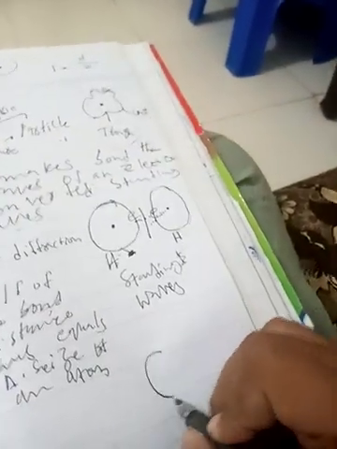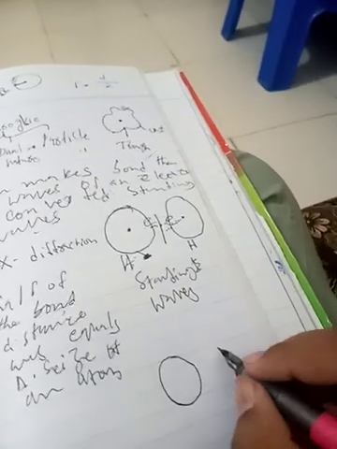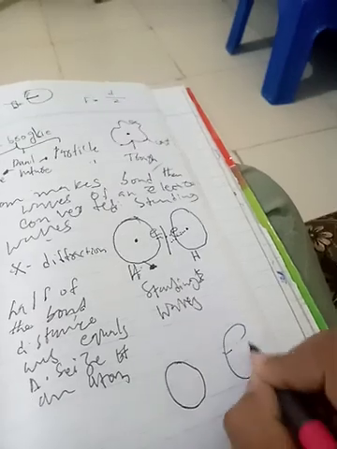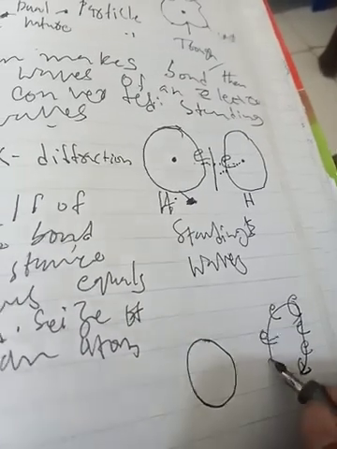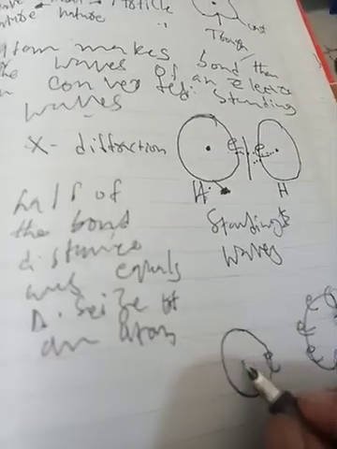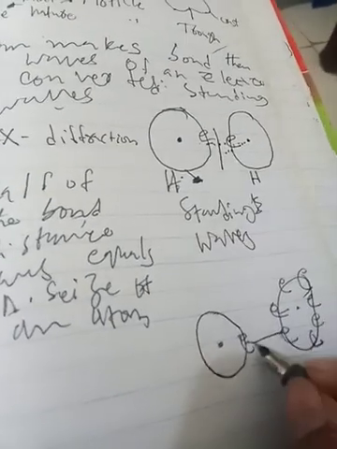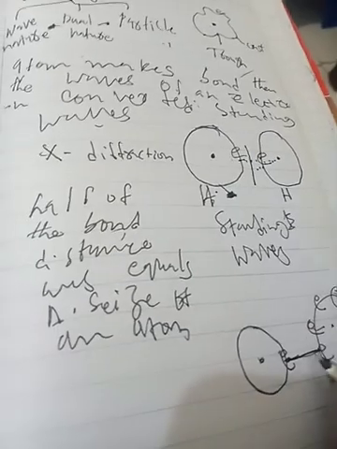If we have something like HCl or NaCl, here we have different numbers of electrons. In the last shell of chlorine we have 7 electrons, and in the last shell of sodium we have only 1 electron. When they make a bond, it will attract this electron.